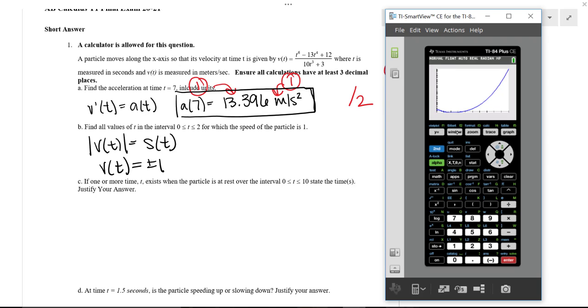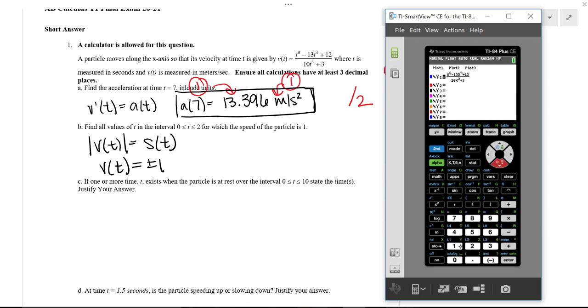So you can go over here, and I might go to my window and make my x max like 5. I actually might change this guy. Let's do like a -5 to 20. So I'm looking for everywhere where it's +1 or -1, which on this interval from 0 to 2, it looks like it's going to be +1 one time and -1 another time. So let's get that done.